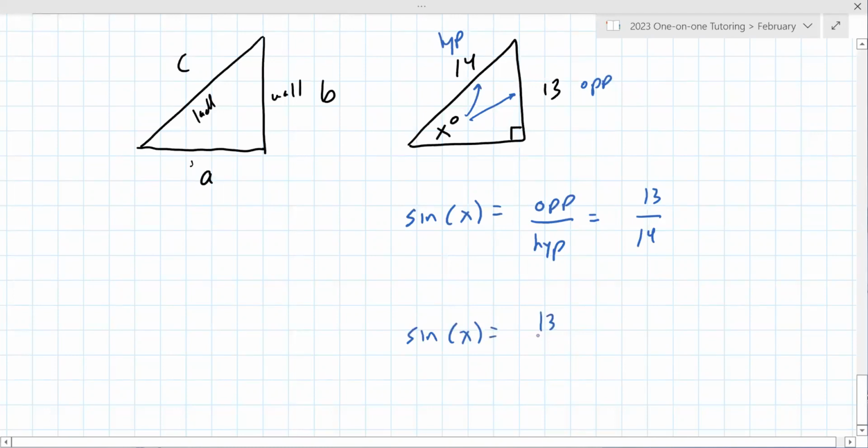So just like in the previous problem, you're going to undo the trig function with the inverse.